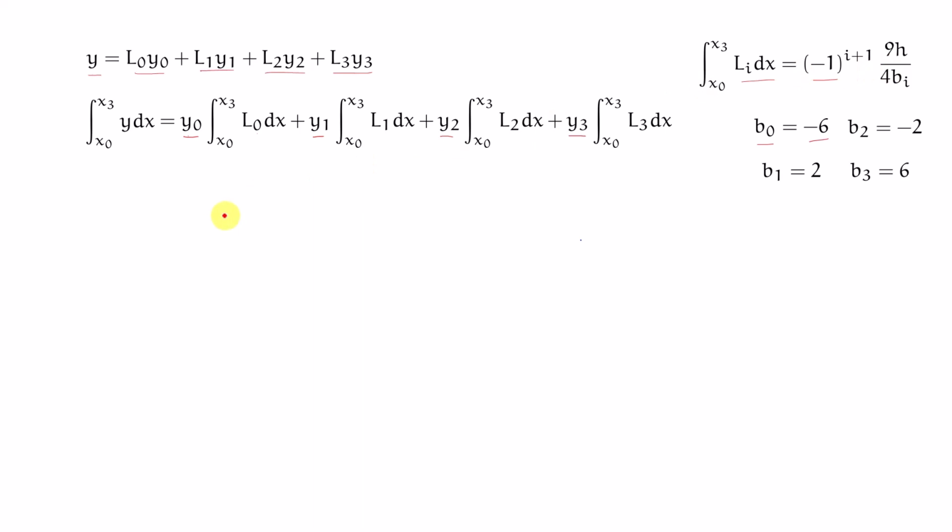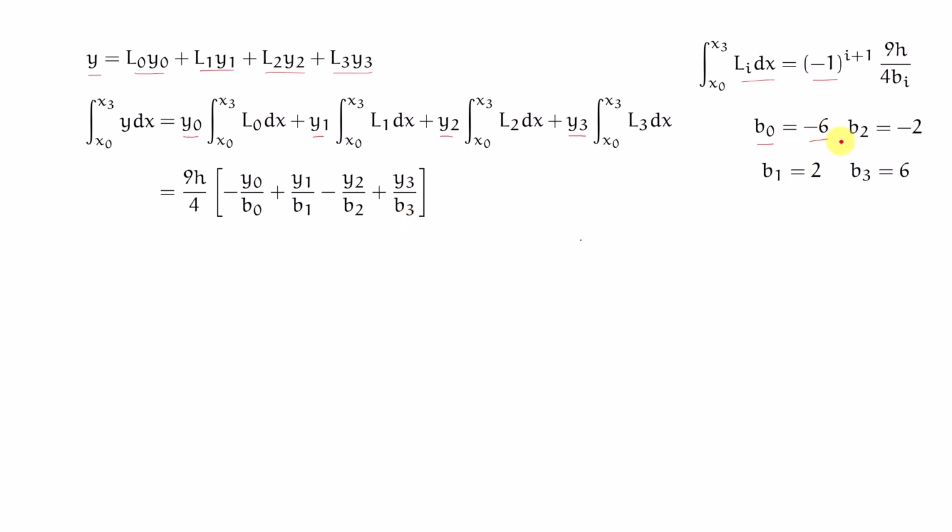So together, if I plug them in, this will come as 9h by 4, because all of them contain 9h by 4, times negative y0 by b0 plus y1 by b1 minus y2 by b2 plus y3 by b3.